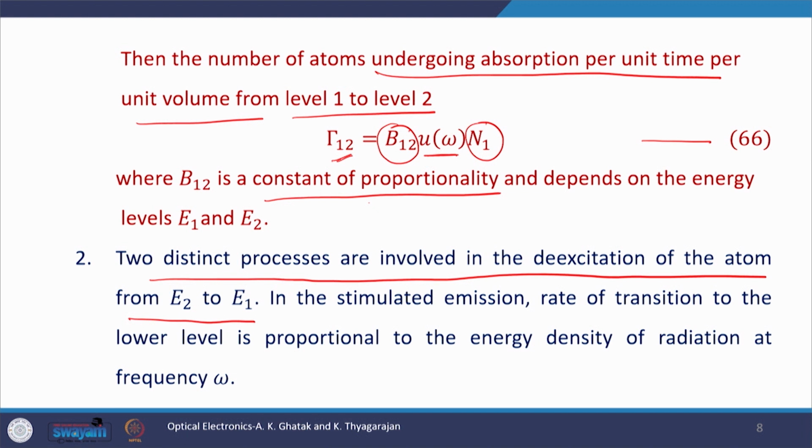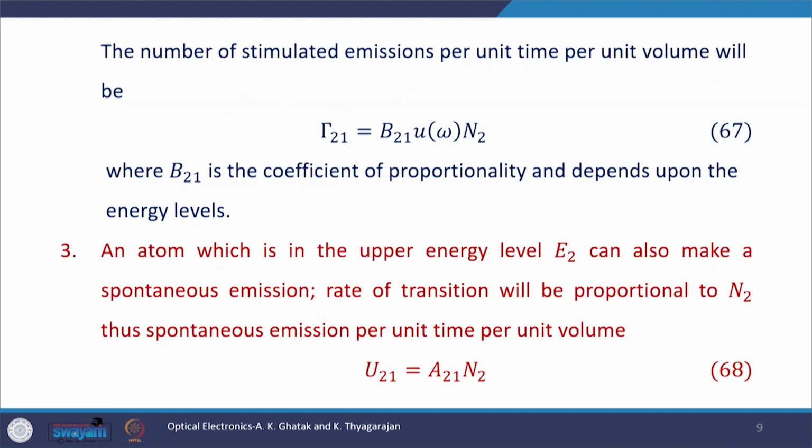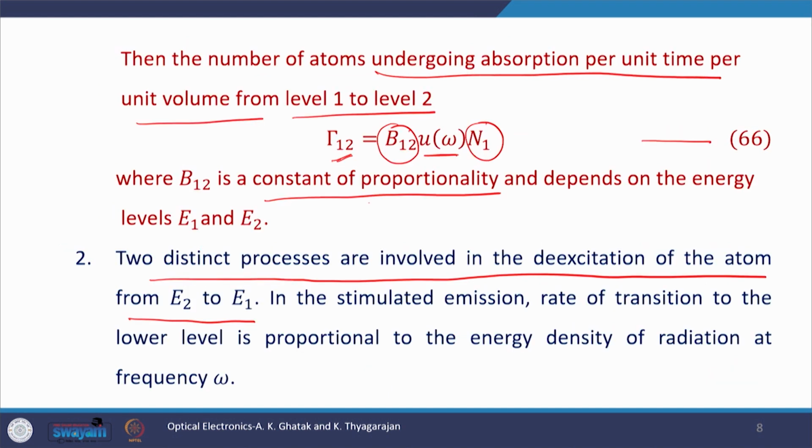In stimulated emission, the rate of transition to the lower level is proportional to the energy density of radiation at frequency omega and the number of atoms in energy level 2 or upper energy level. Therefore, the number of stimulated emissions per unit time per unit volume would be given by equation number 67. Okay.